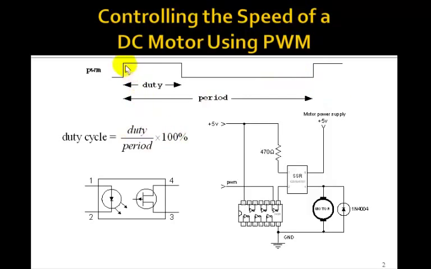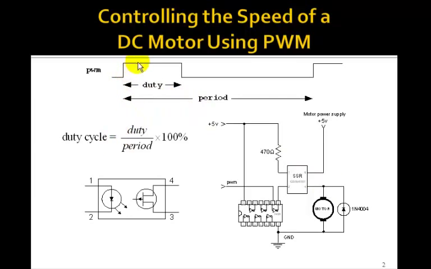So with a 50% duty cycle, the signal is high for half the time, which means that the average DC voltage would be half of this maximum one, and then the speed would be half its maximum speed. If the duty cycle was 90 or 100%, you'd get the maximum voltage across the motor, therefore the maximum speed.